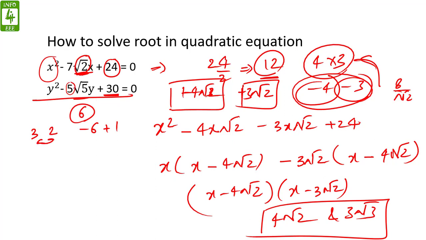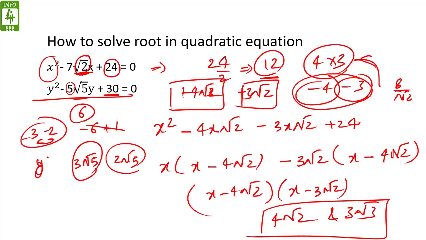So 3 and 2 will work here. So this is -3 and -2. The answer will be 3 root 5 and 2 root 5. This will be the answer for this case. You can also solve this whole equation, like if I clear the right hand side.